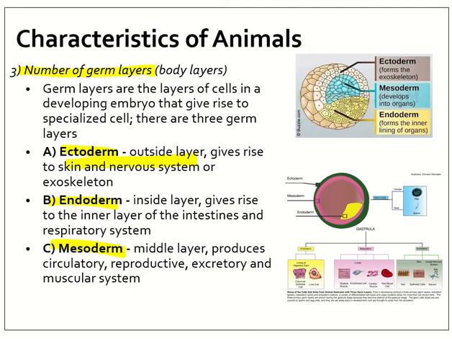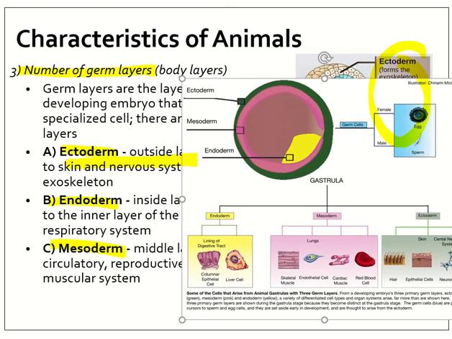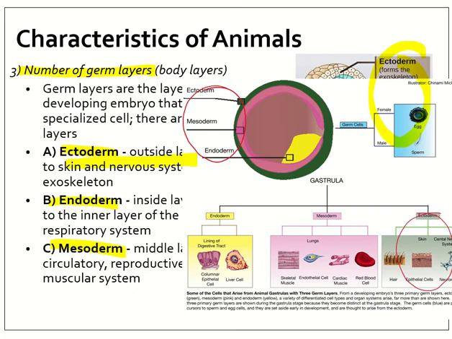Then you have your mesoderm, and that's going to be the middle layer. That's going to give rise to most of your organs and systems. So you can see over here, it talks about your 3 layers. I will just make this one a little bit bigger, and you can see you have your 3 layers off to the side, and you have your ectoderm, which is your outer layer. Then you have your mesoderm as your middle layer, and then the endoderm is the inner layer.